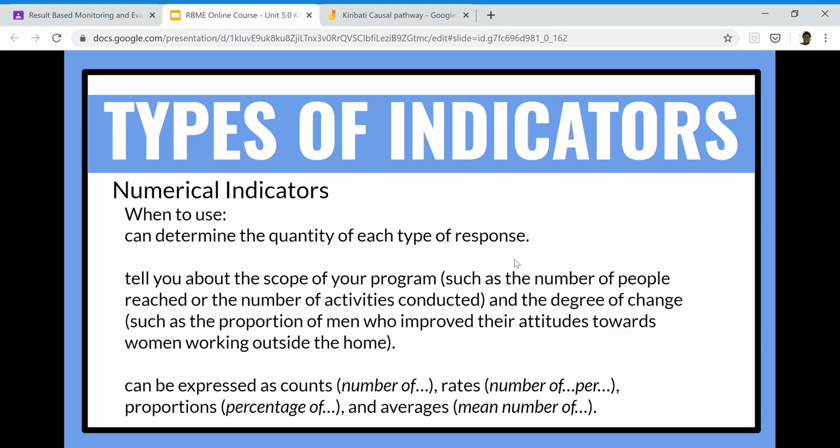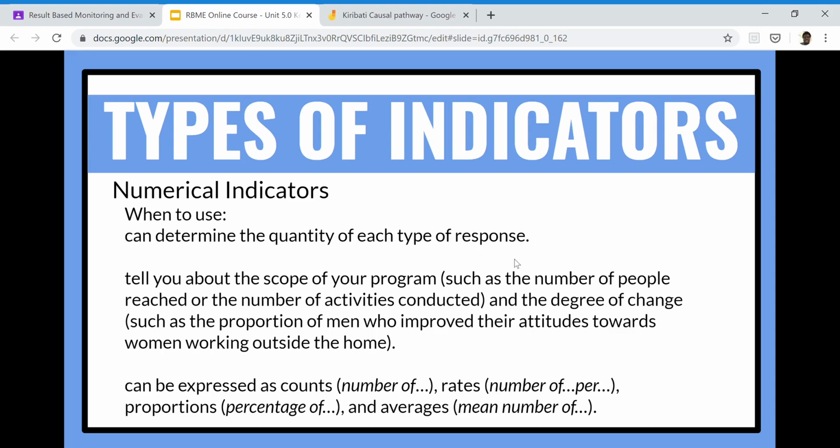It tells you about the scope of your program and the degree of change in terms of proportion. They can be expressed as numbers, rates, proportions, percentages, and also as averages.